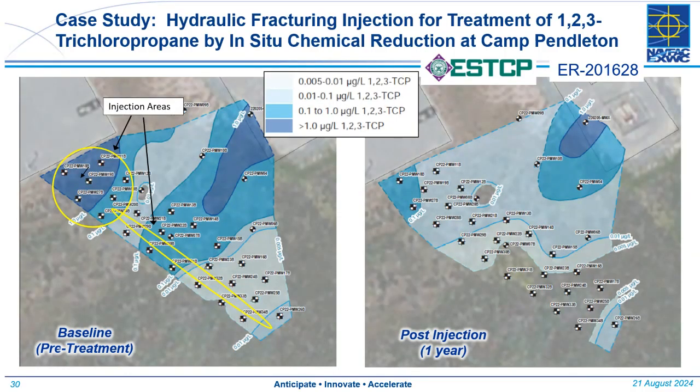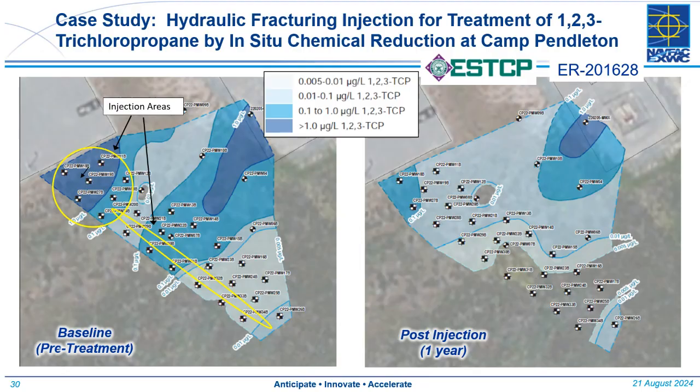And here are some example results. On the left-hand side is an isocontour map of the TCP before treatment. In the yellow, we see where the target injection areas were. Again, concentrations for TCP range from 0.1 to 1 part per billion or higher.